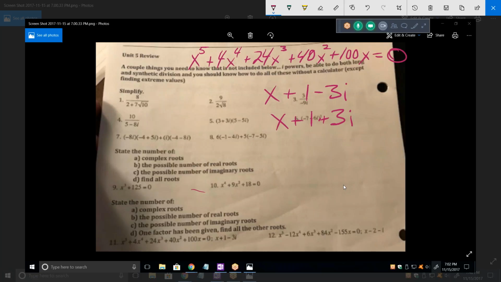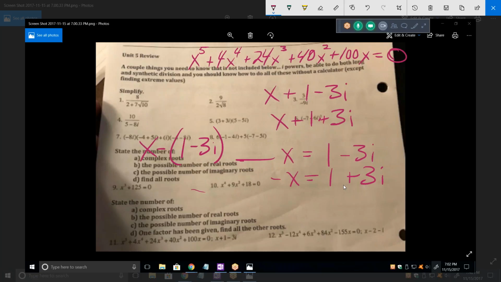Well, here's what I know. Let's say that the 2 roots were this. They're always going to be conjugates of one another, okay? So the factor for this one would be x minus, in parentheses, 1 minus 3i.